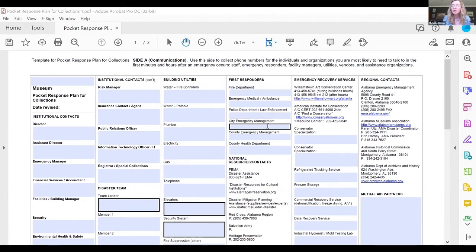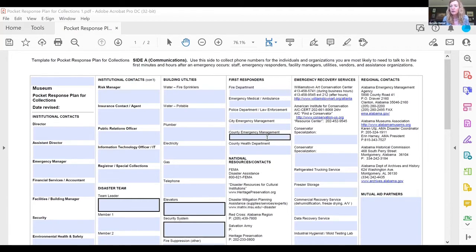So this is something you should be able to pick up on the internet. If you go to your municipality, I would hope that they have a website, and there you'd be able to find out who to contact if there's an emergency. It's probably required that if it's quite a big thing, like a big flood or a fire, you have to inform your municipality.